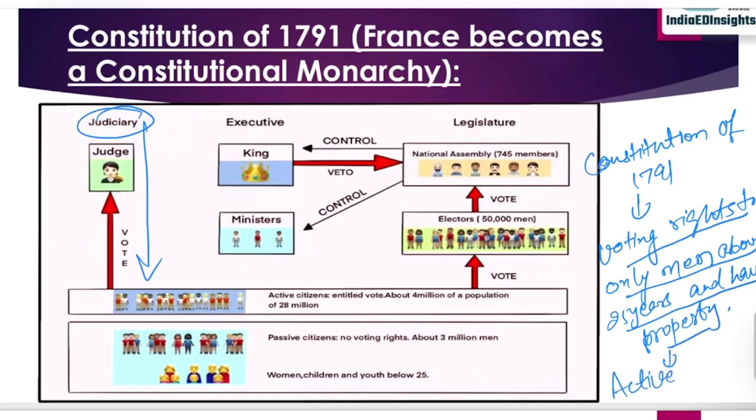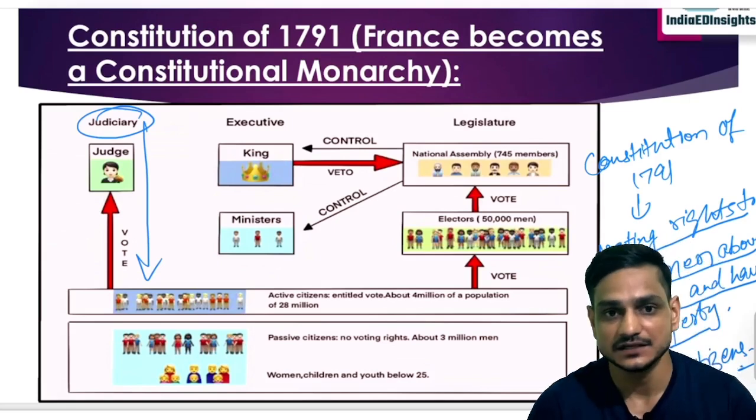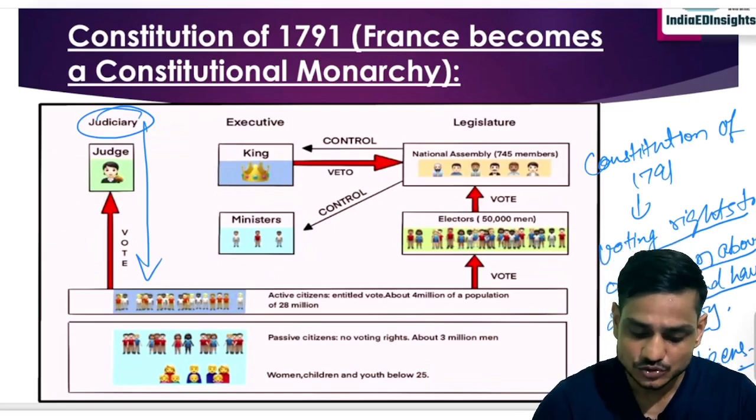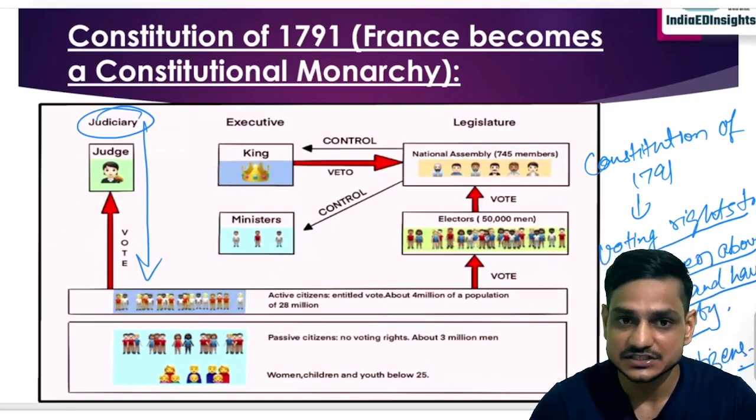These citizens are known as active citizens. So active citizens only have the voting rights and the passive citizens have no voting rights. Clear? So judiciary is directly elected by the active citizens. First point.